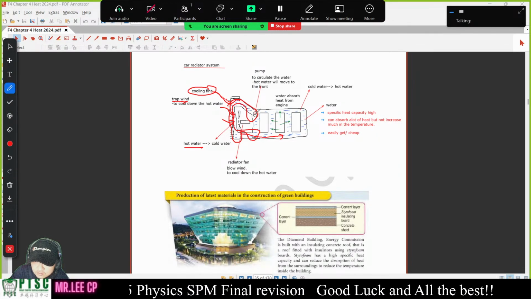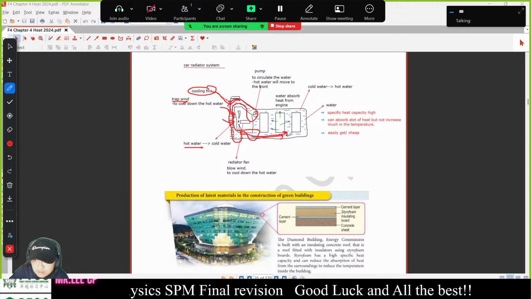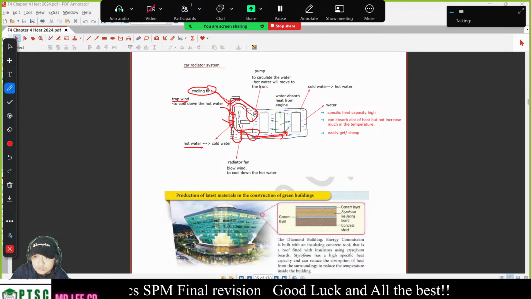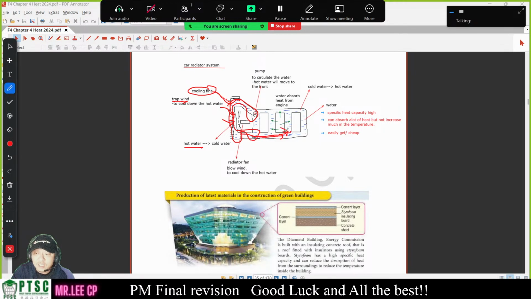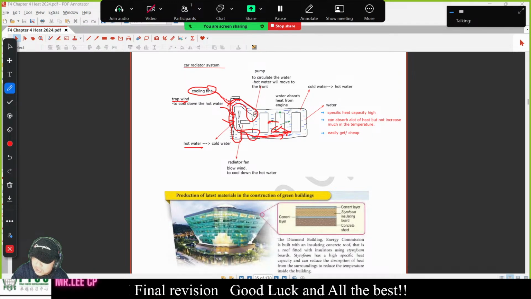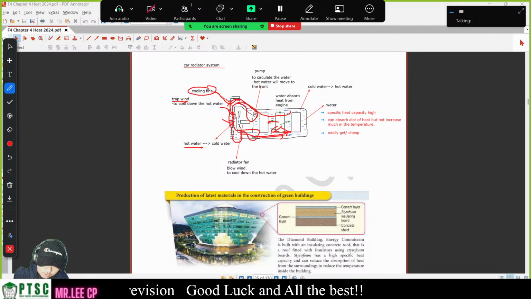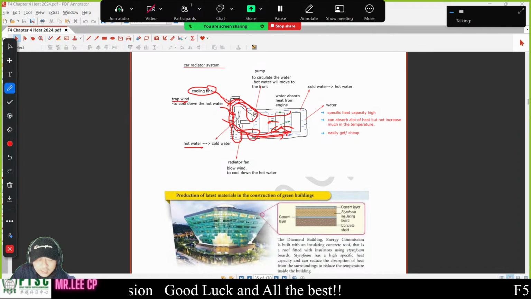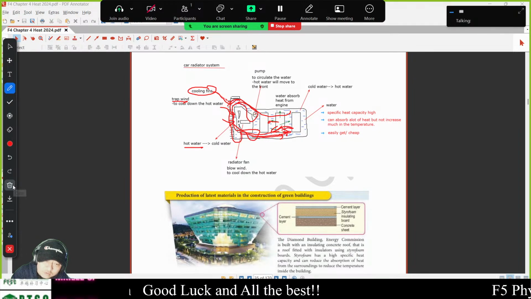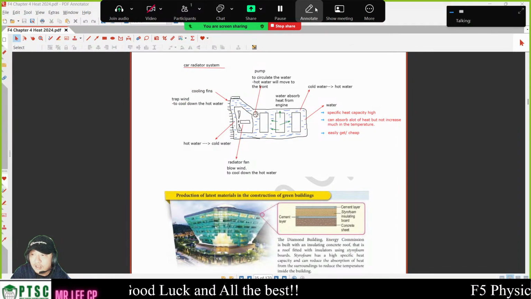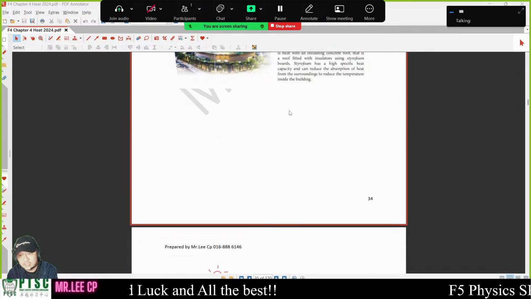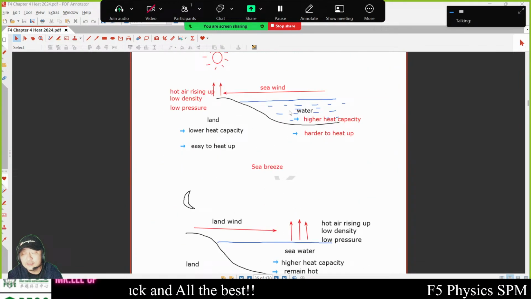Then you repeat the same thing: absorb the heat and become hot, bring to the front and become cold, go to the back and become hot. Keep on repeating. So how can it ask you?